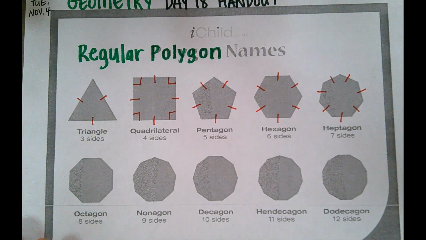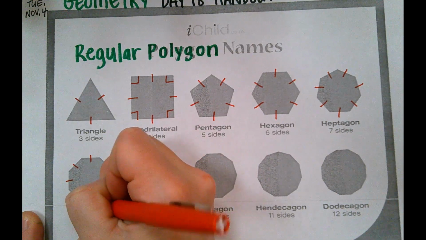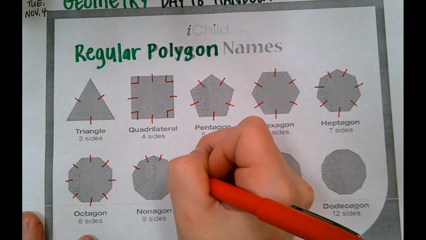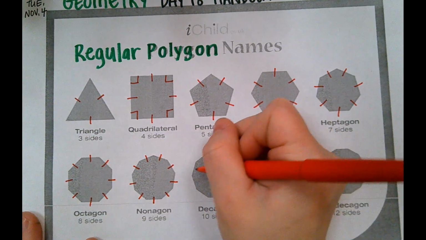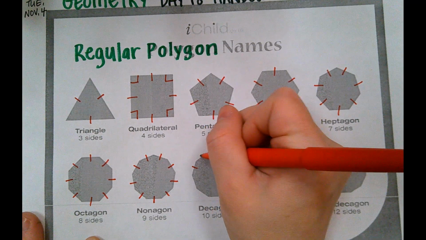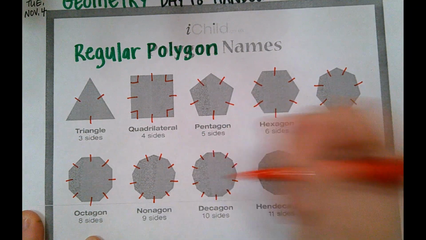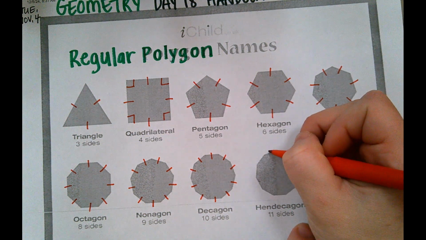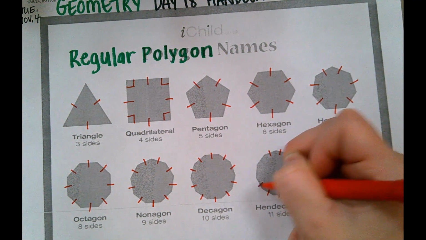Now, we could go through and add these little tick marks on all of these, so I'm going to do that as we go through. Decagon, that should be 10 sides. 1, 2, 3, 4, 5, 6, 7, 8, 9, 10.